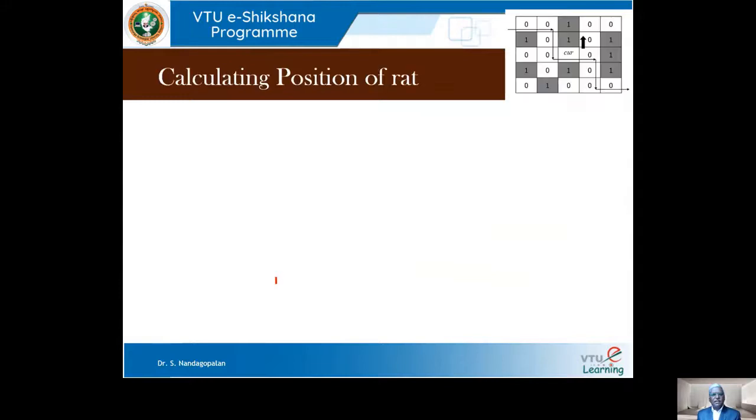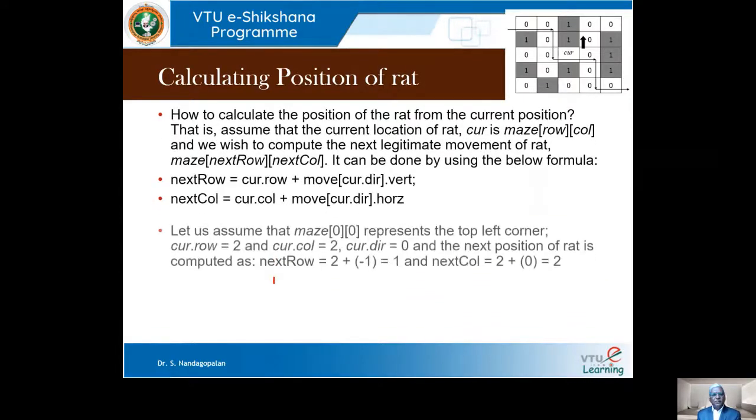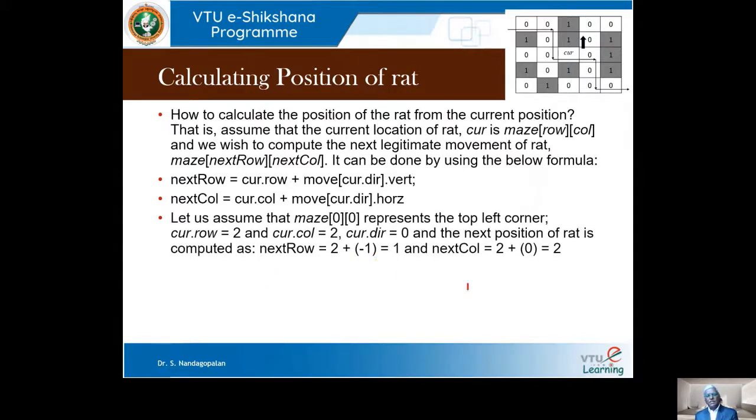So that's exactly what we have done here. Now the current position is 2, 2 and the next position is 1, 2 because we started from north, that is 0. I'm getting 1, 2, that is the first row and the second column. What I'm seeing here is a 1, so it is not possible to move.